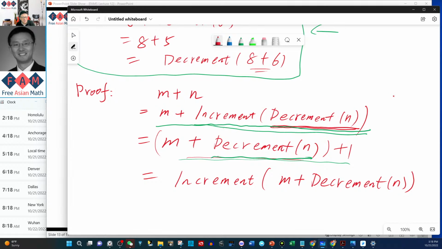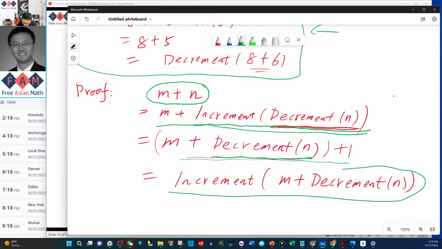It looks like we are wasting our time doing a lot of obvious things, but every step of the way we are using a rigorous step to show a chain of equivalence relationships, and we start with this m plus n and arrive at this expression.